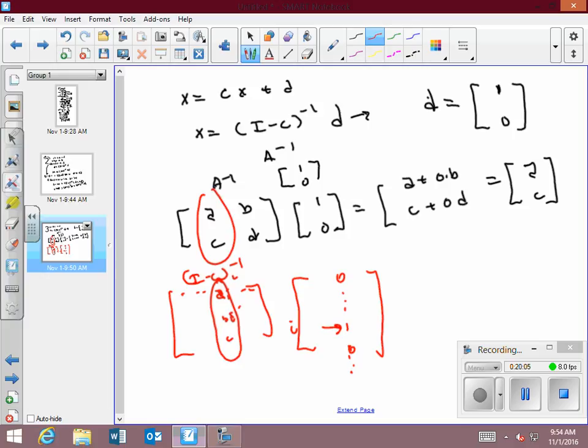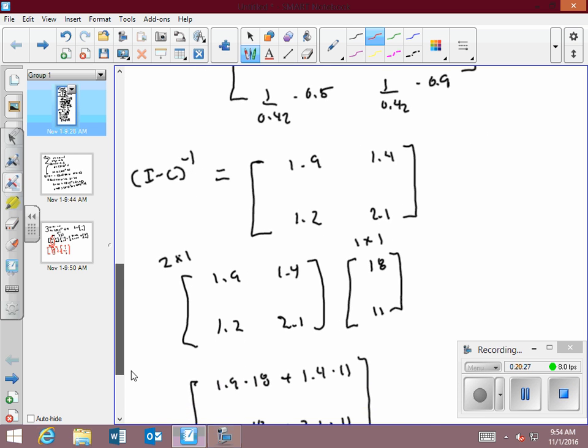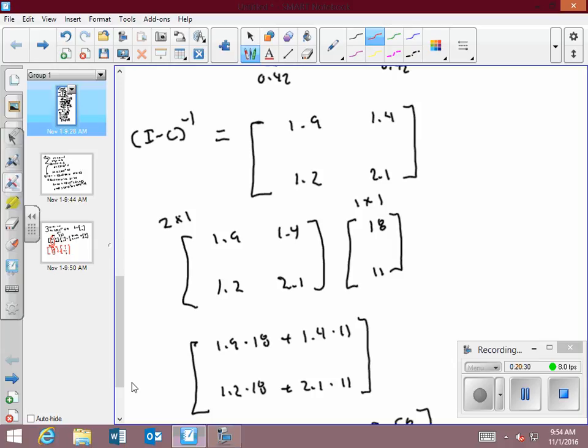So in this particular one right here, this is telling you how much must be produced for a 1 unit increase in the first sector in the economy.